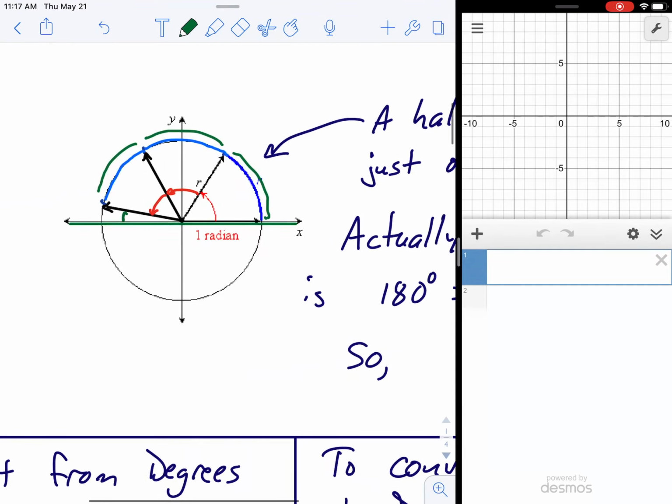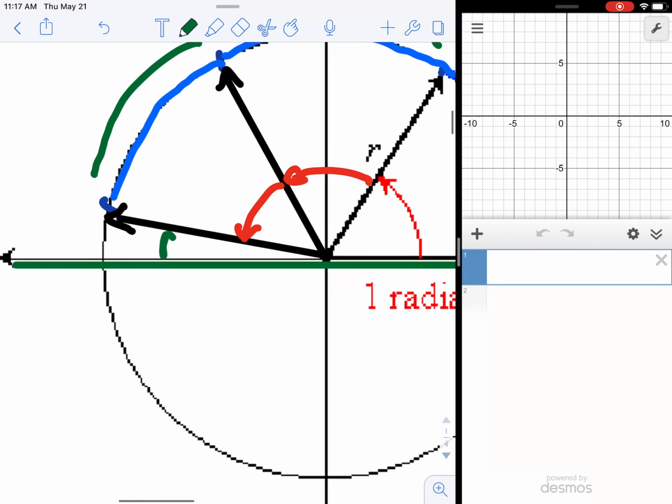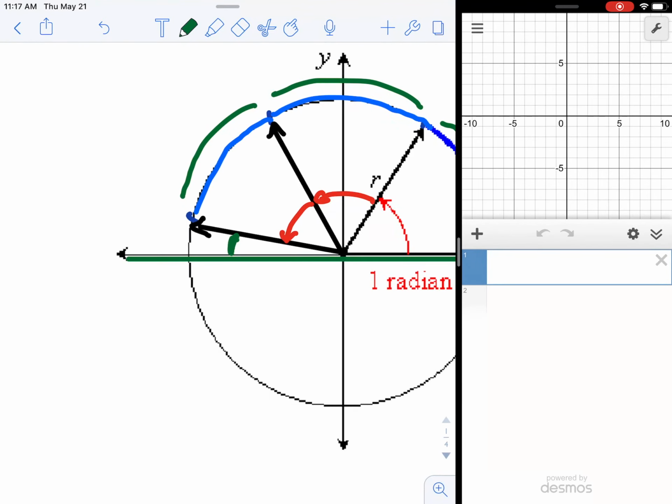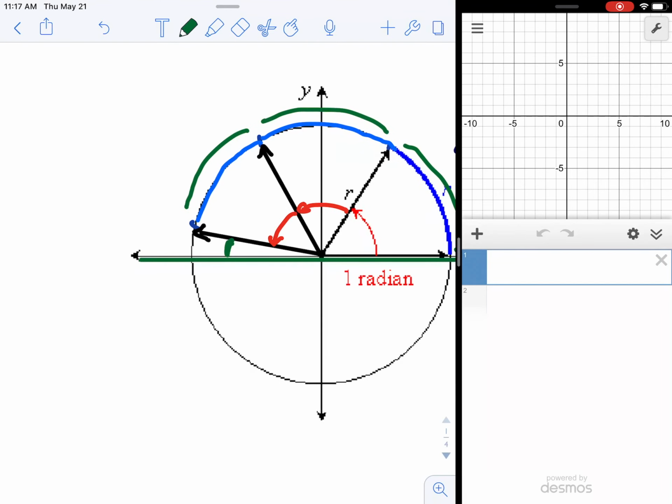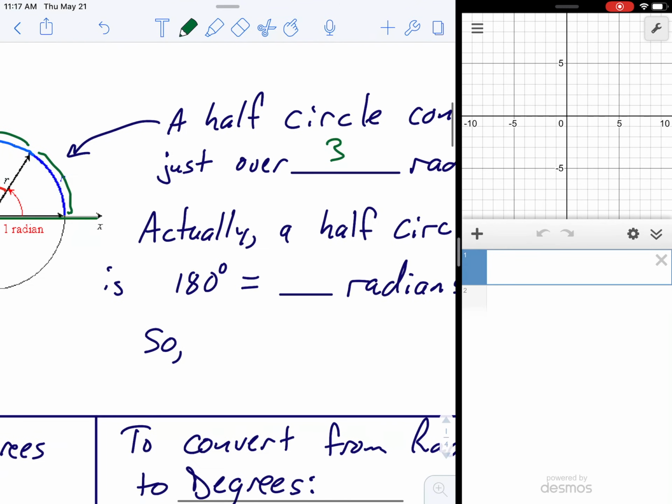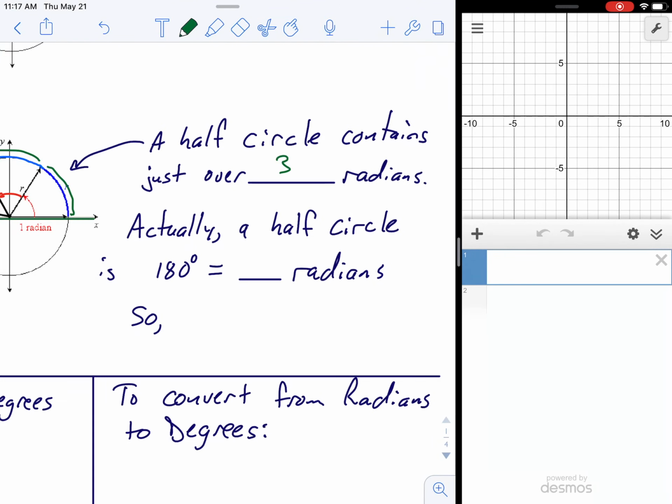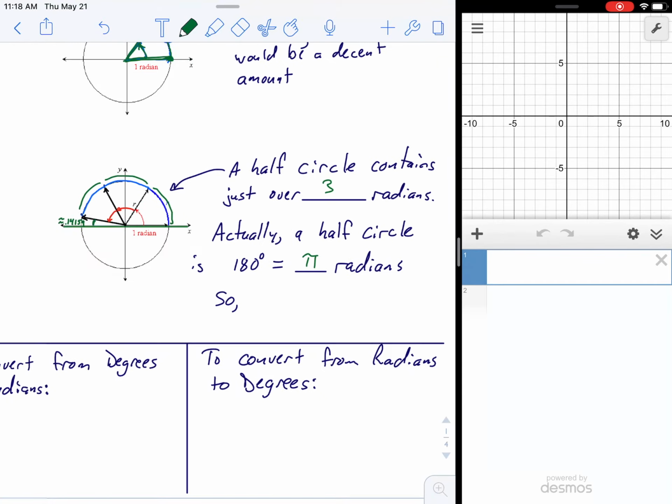What's interesting is what that just a little bit more angle right here is. Do you want to take a guess at what it is? That little bit more is approximately 0.14159. And so what we have is a half a circle, which we know is 180 degrees, is pi radians. And that's kind of where pi comes from.